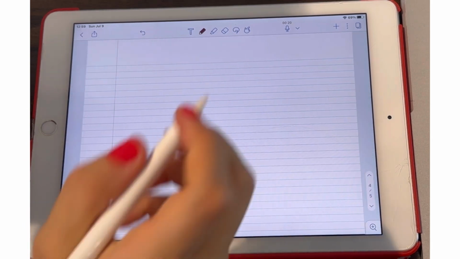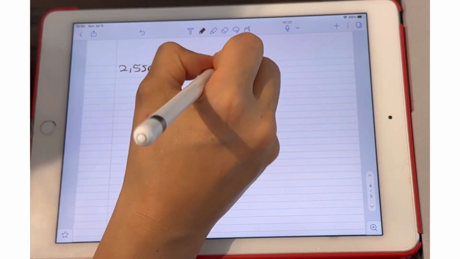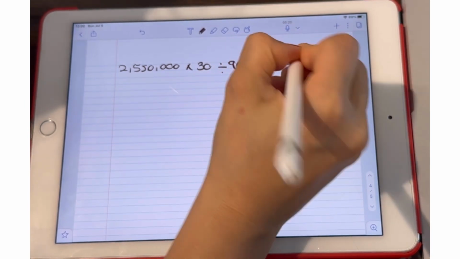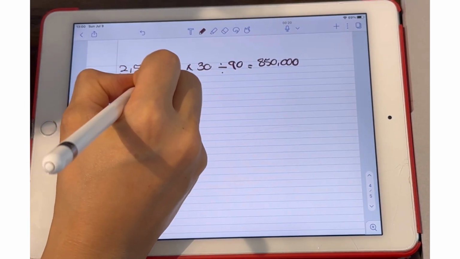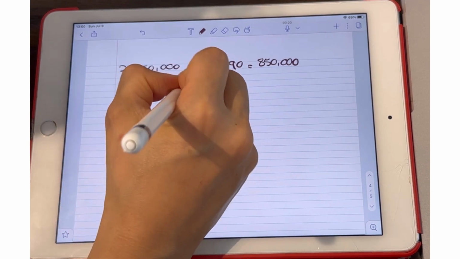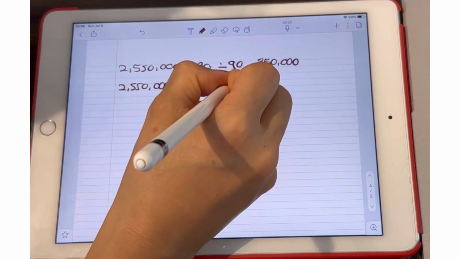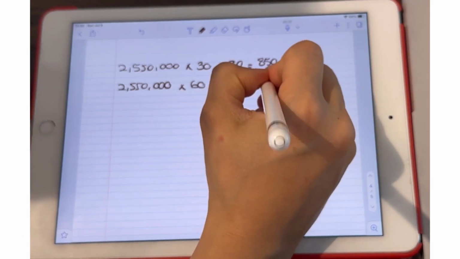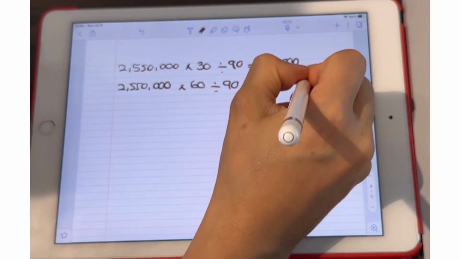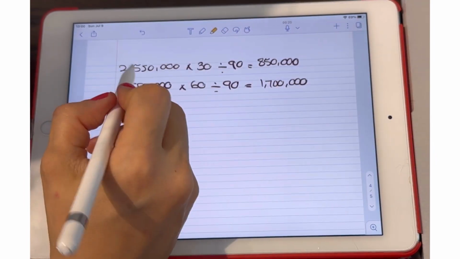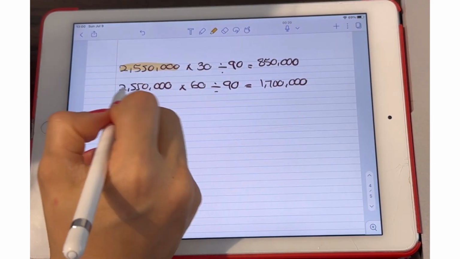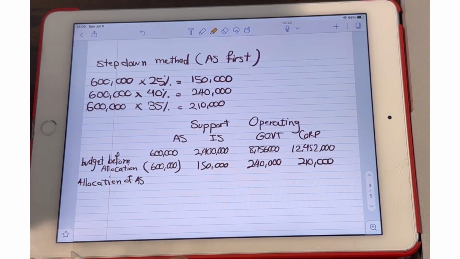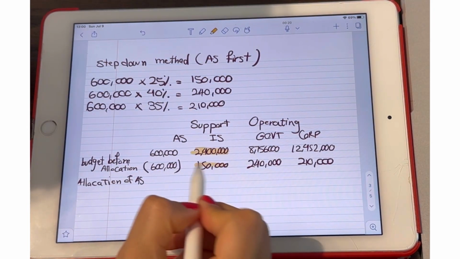In this part, please note we need to add up all the support costs, which is $2,400,000 plus $150,000, which gives us $2,550,000. And then we are going to allocate this number to the government and corporation, which I just highlighted for you.